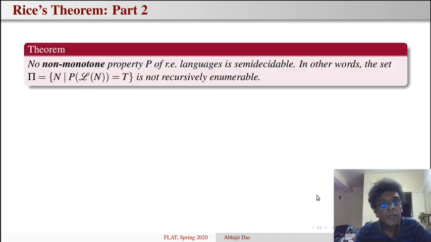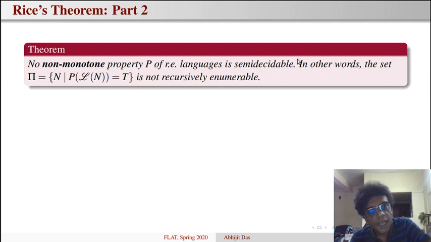Good. Yeah, so now it says that no non-monotone property P of recursively enumerable languages is semi-decidable. So, I start with the premise that P is not a monotone property.